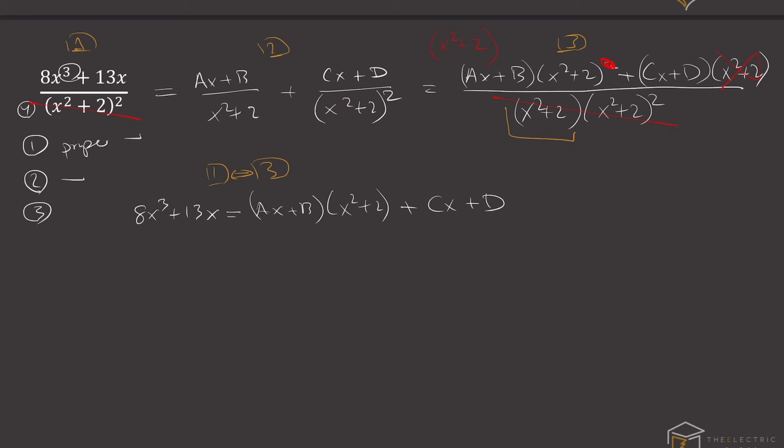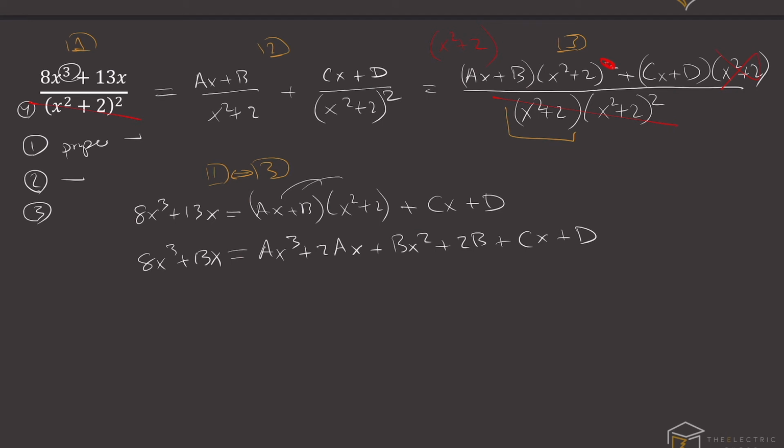In order to solve this, since I have 4 variables here, I'm going to distribute everything, which gives me ax cubed plus 2ax plus bx squared plus 2b plus cx plus d, and then same thing on the left-hand side.